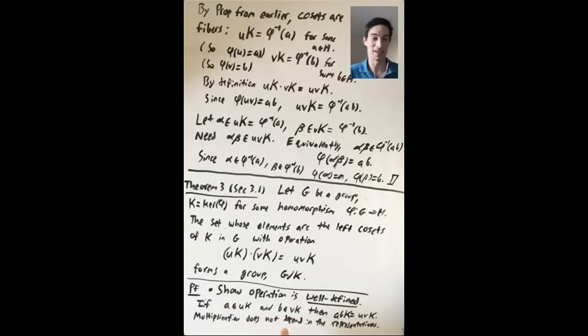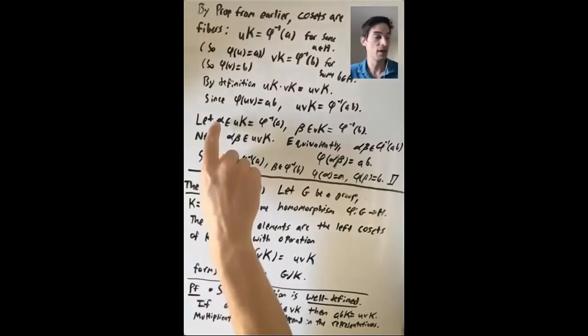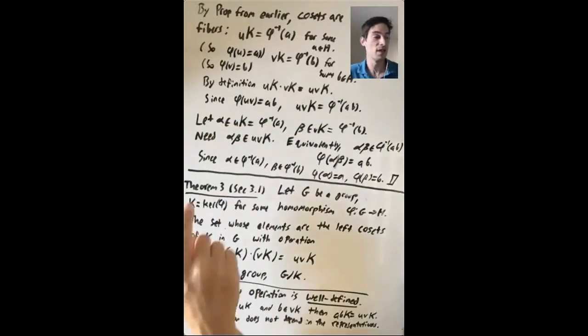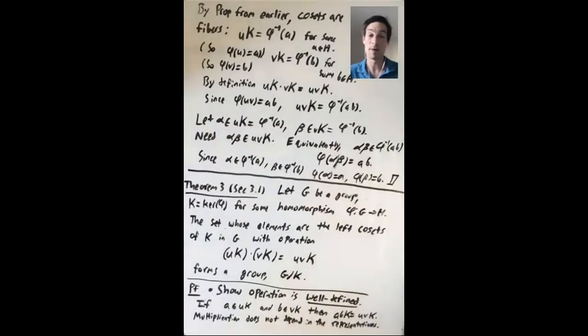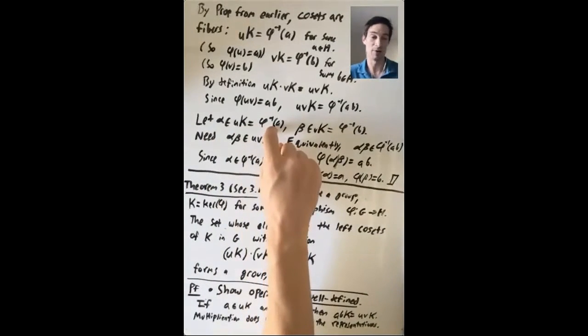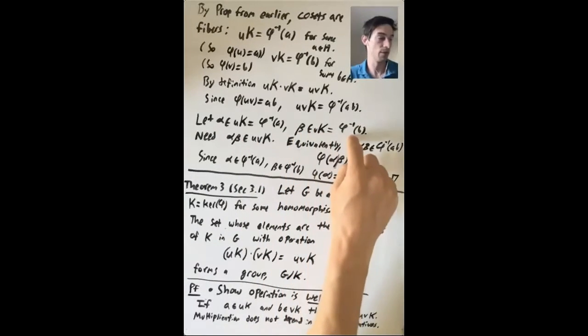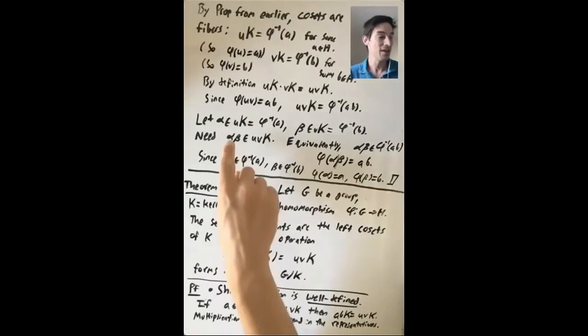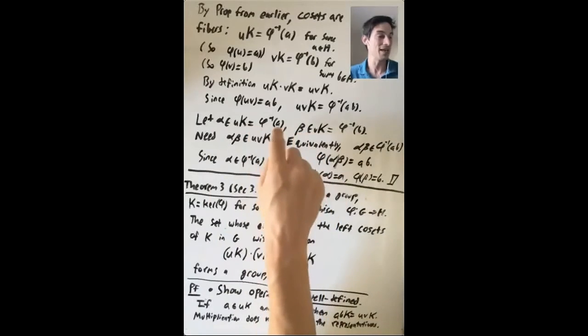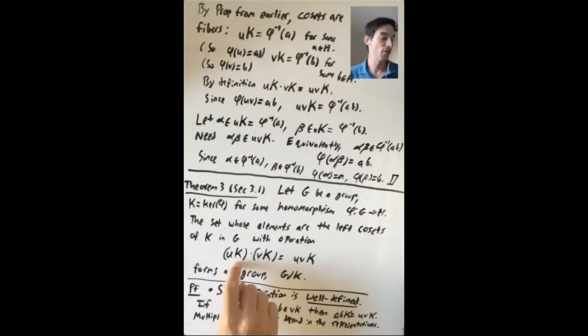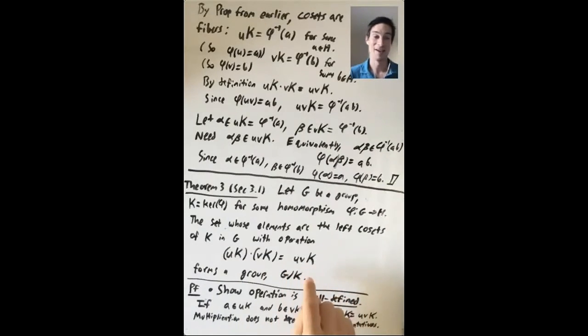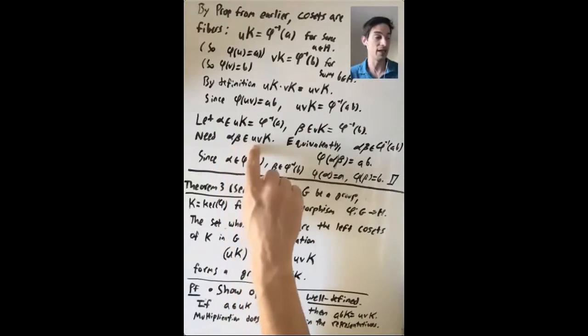Now we suppose that we take some other coset representatives. Let alpha be in uK. Remember, uK is equal to the fiber above a. And take beta to be in vK, which is the fiber above b. If we had chosen alpha and beta as representatives and written alphaK times betaK, we would have gotten the coset alpha beta K. So it better be true that alpha beta is in the left coset of K containing uv.